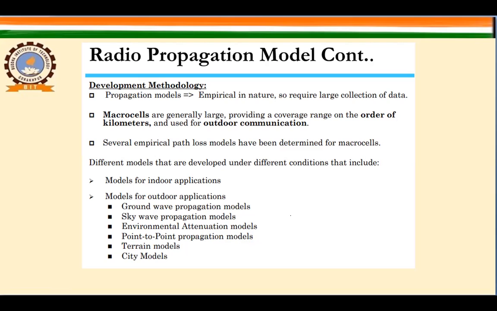First of all, we already saw the indoor applications. Now see the outdoor applications. The outdoor applications start from ground wave propagation models and sky wave propagation models. The sky wave propagation model can be viewed like this: consider this is our earth, shown by this hatched line, and the earth has a certain curvature, so it is in a curved form.